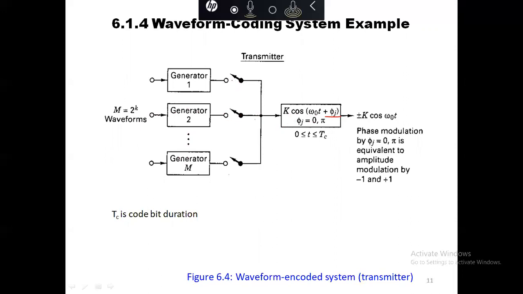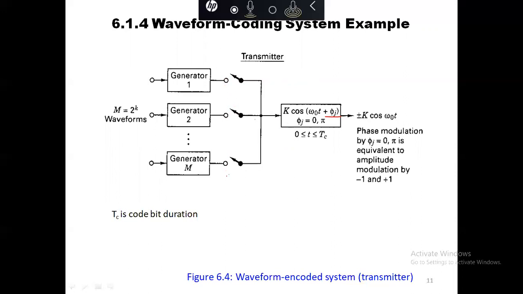We take the first symbol, and depending on whether the bit is 0 or 1, and depending on whether the next is 0 or 1, the corresponding phase is 0 or pi. In that way we generate all the possible values from k bits, or 2 raised to power k waveforms.